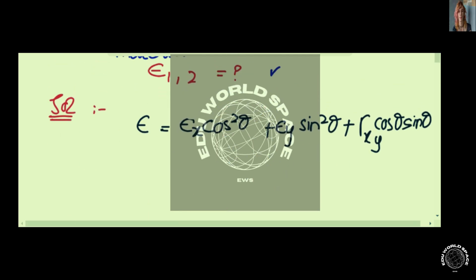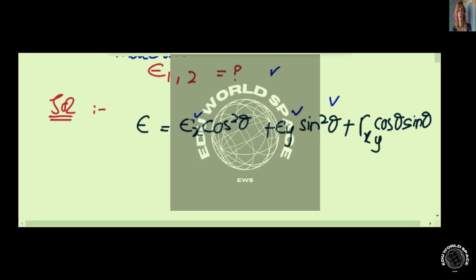As we know, the strain is given by this equation: strain equals the strain in the x direction cos squared theta, plus the strain in the y direction sine squared theta, plus gamma xy cos theta sine theta.